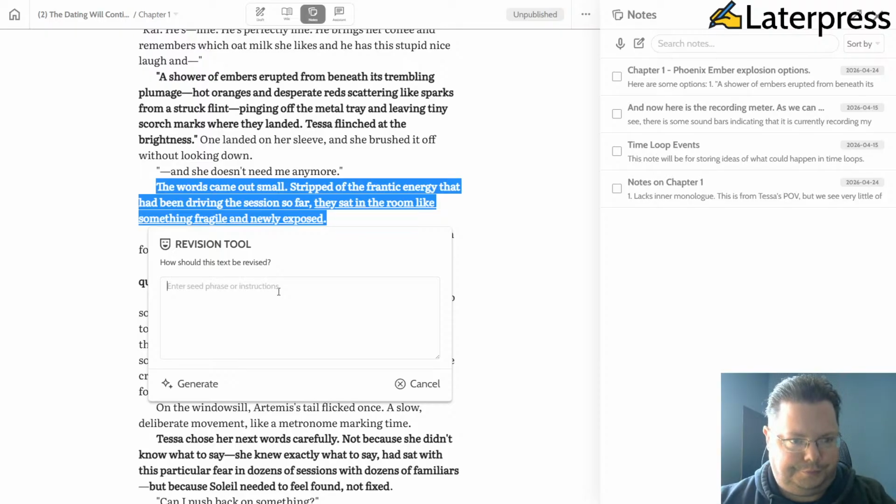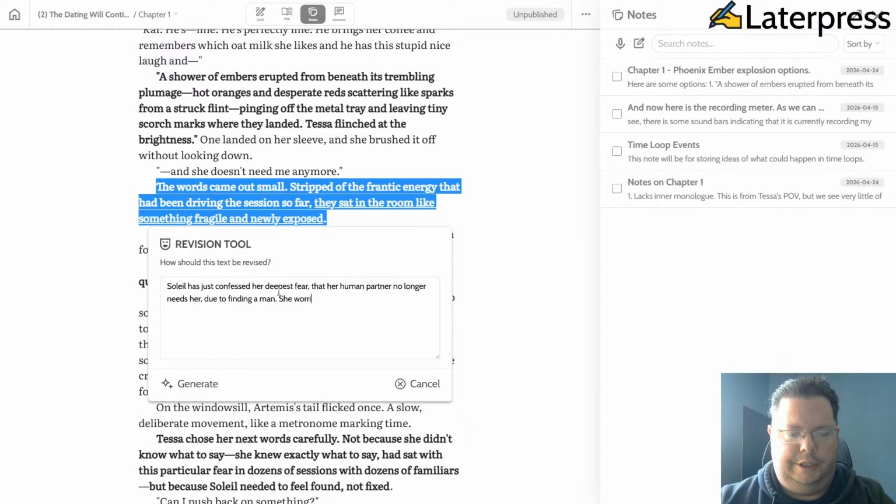So let's say, Sleal has just confessed her deepest fear that her human partner no longer needs her due to finding a man.